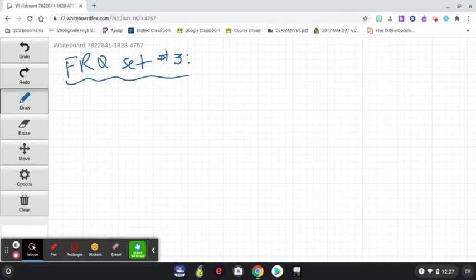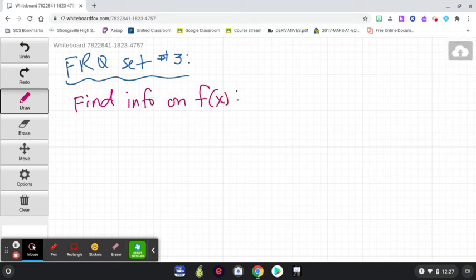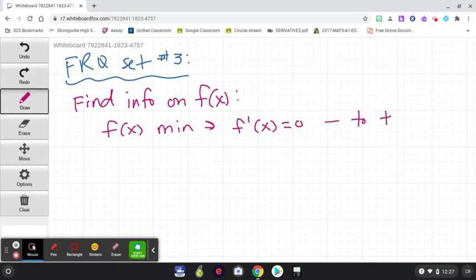All right, so just as a reminder, if you want to find information about f, for example, you might want to find where f of x has a minimum value. That occurs when the derivative equals 0 and changes from negative to positive.